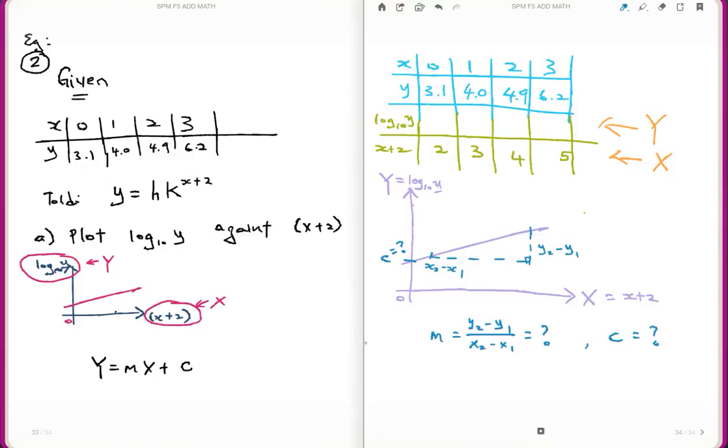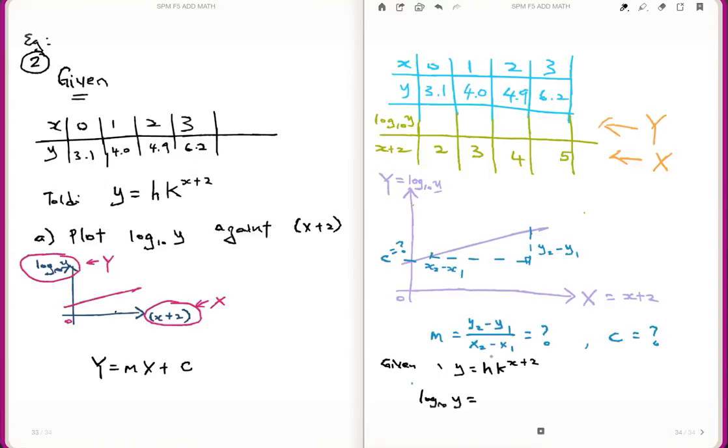Now, once you solve this and read from the graph, next would be the ability to convert a non-linear equation to linear, given y equals hk to the power of x plus 2. You were told that you need to log y, so definitely you need to log both sides. If you go through my Form 4 notes, my Form 4 video, you should be able to solve this.